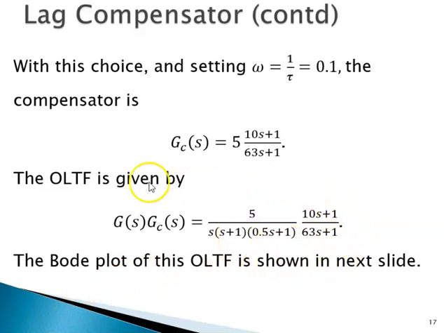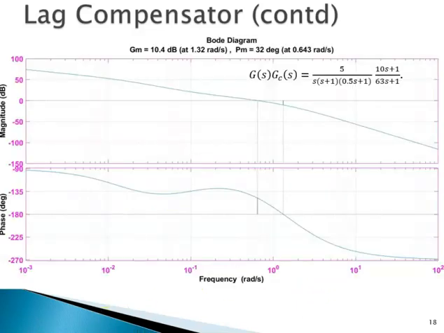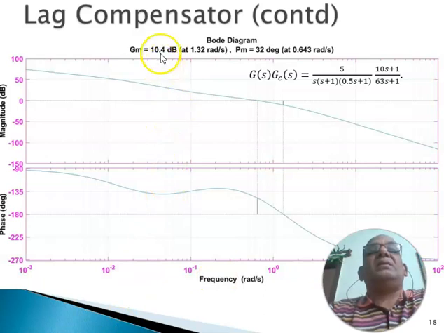The Bode plot of this transfer function is shown in the next slide here. We see that the gain margin improved substantially, the phase margin improved substantially, and Kv, the velocity error constant, is still 5.